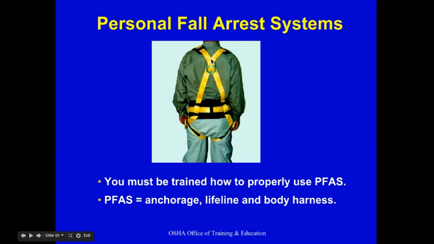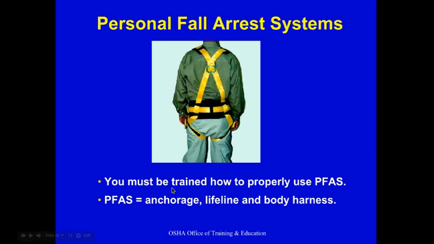If you don't adjust it properly and this D-ring is high on your neck, it'll put undue pressure on your body when you fall. And likewise, if it's too low, you won't hang properly, and you'll be very uncomfortable until someone rescues you. So having the D-ring in the correct spot on your back is very important. And then making sure that the harness is adjusted properly and fitted to you is important. That's all a part of the training you'll get from your employer.